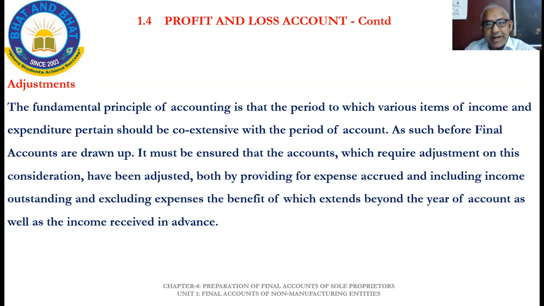That will be subtracted from the payment made, less those 2 months' rent. That is known as prepaid expenses. Heading is prepaid expenses. Not yet paid but due, outstanding expenses. Not due but paid for the next period, paid in this period itself, known as prepaid expenses.